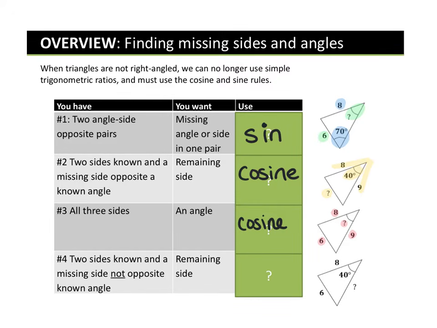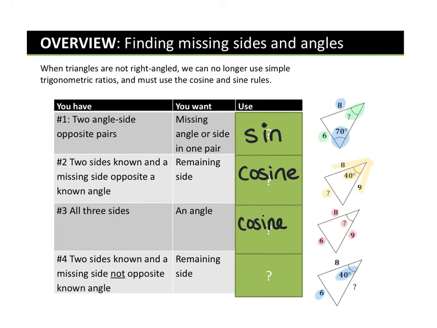Then we have 2 sides known and a missing side not opposite a known angle, and we want to find the remaining side, okay? So this is the other type. So we have an angle opposite, okay, which is fine.